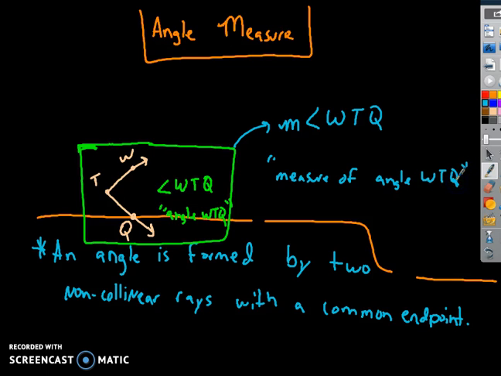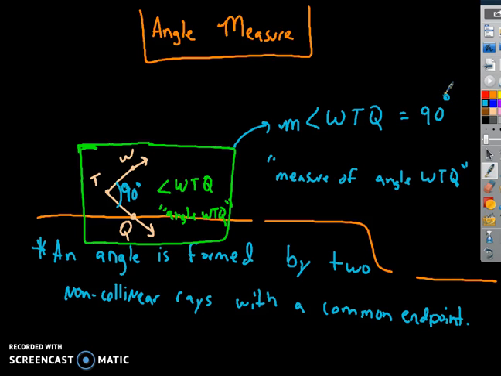Whenever you see a little m there, they're saying the measure of the angle WTQ, and whenever they say the measure of the angle, they're talking about how big the angle is. You might have an angle that, I'm going to make up a number, might be 90 degrees. So we'll see measure of angle WTQ equals 90 degrees. That's another way angles are represented and how we describe them.